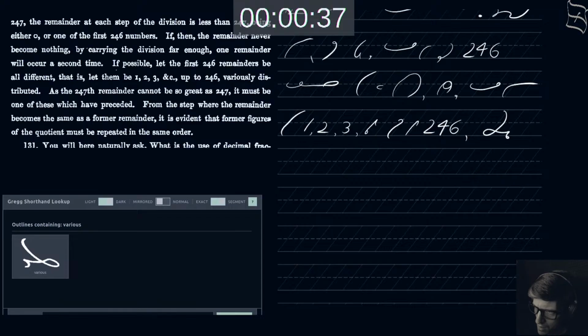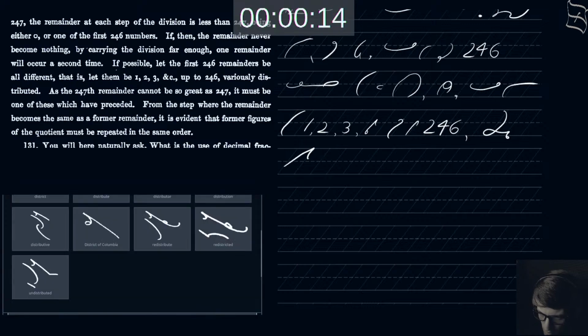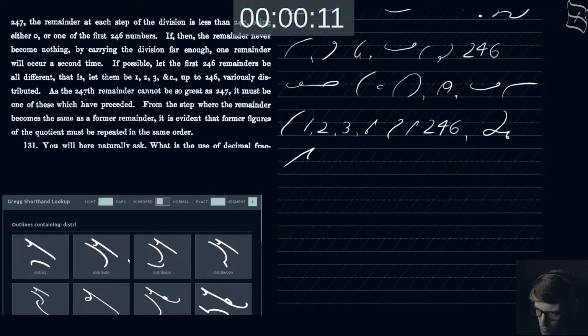Variously distributed. I don't know how distrib is spelled, but it's just dstr for the prefix, and then the b. Alright, very good. Let's finish the article. That should take no more than 2 minutes.